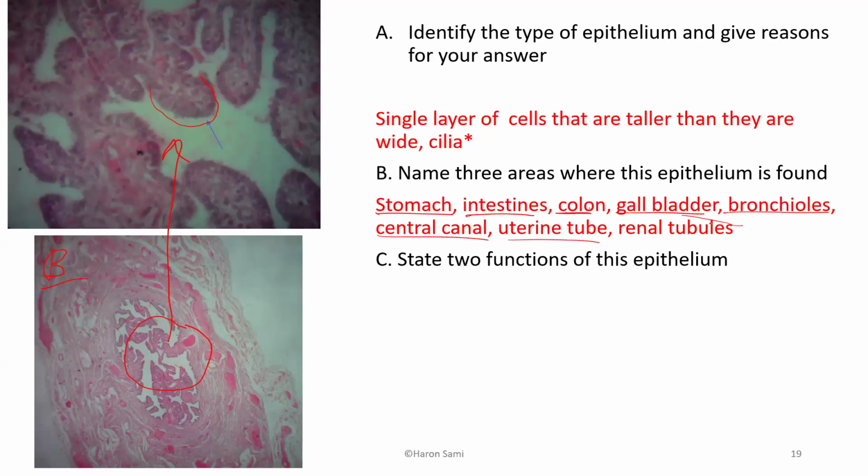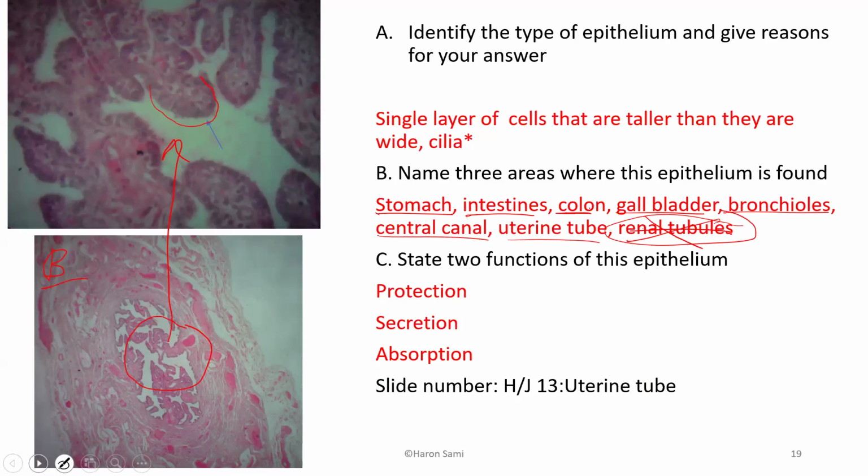And I disagree with the renal tubules. Be specific. Where in the renal tubules? Is it the proximal convoluted tubule? Now that's right. So that's H13, simple columnar ciliated.